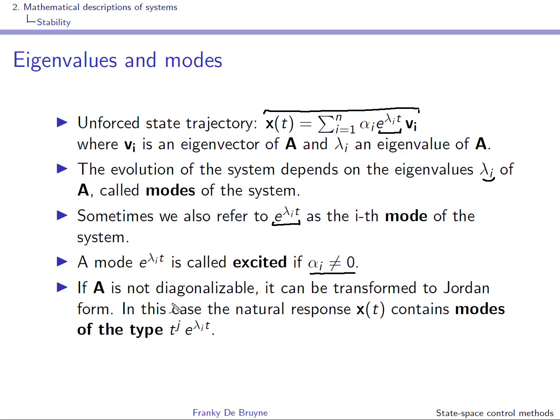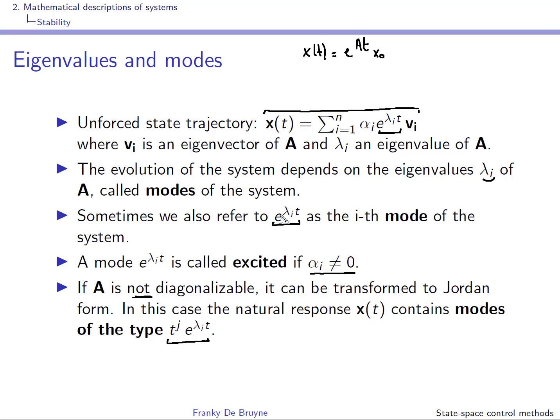If A is not diagonalizable, you can still write x of t is equal to the exponential of At times x0. But if you do the calculation, you'll have to work with these Jordan blocks and things like that, so things become a bit more complicated, and you can obtain expressions like this one, but it will also involve modes that take this form.